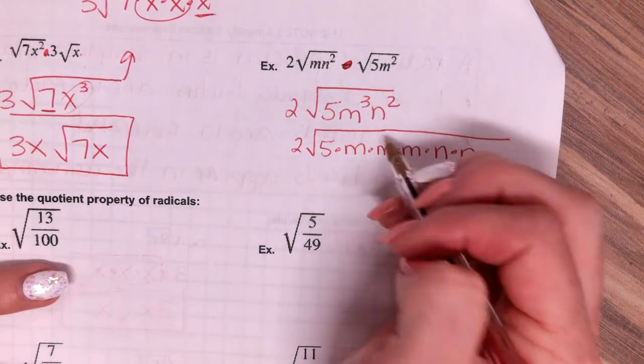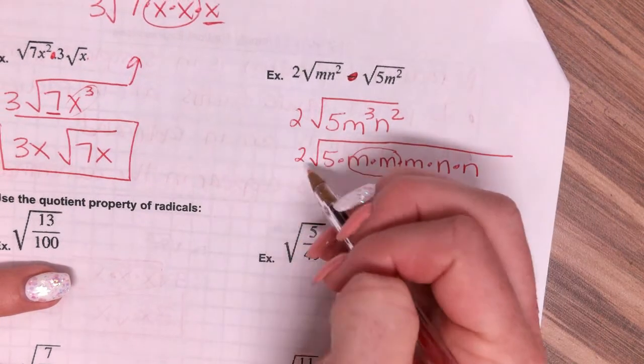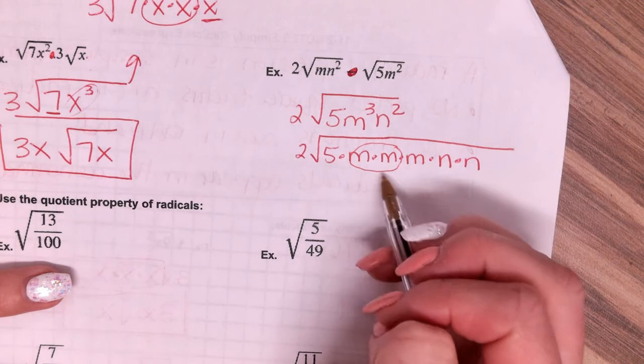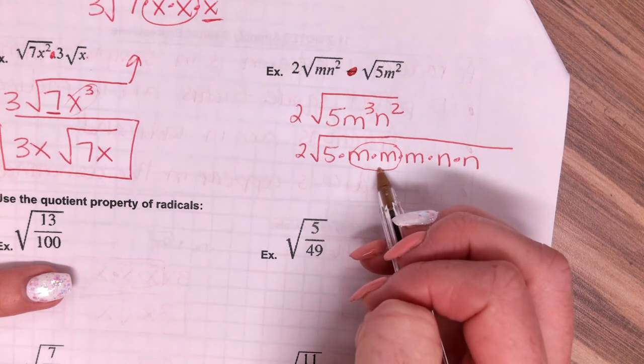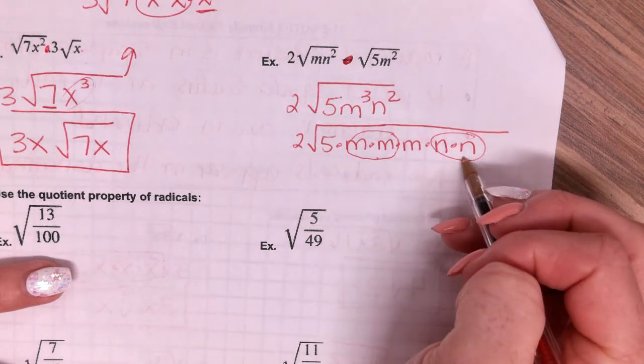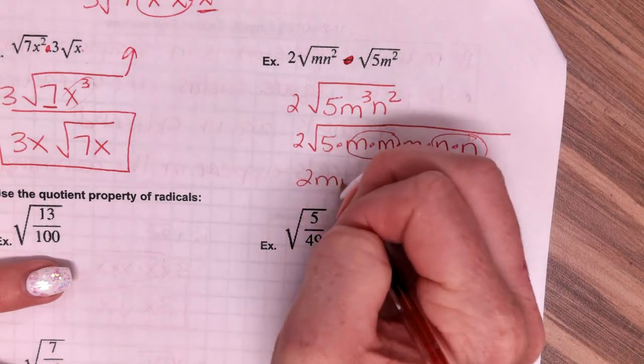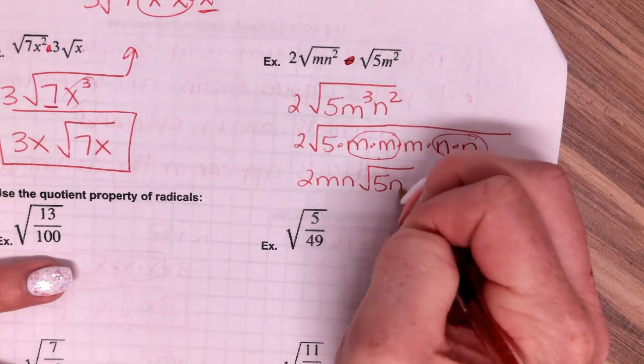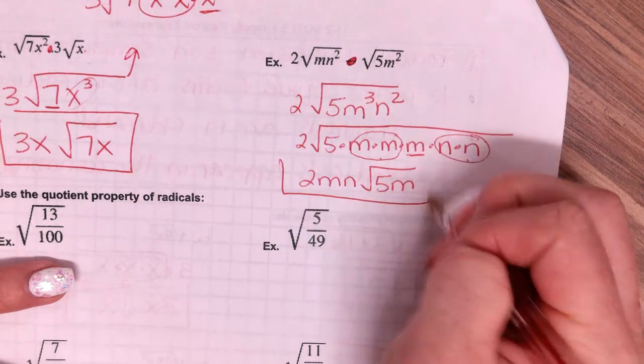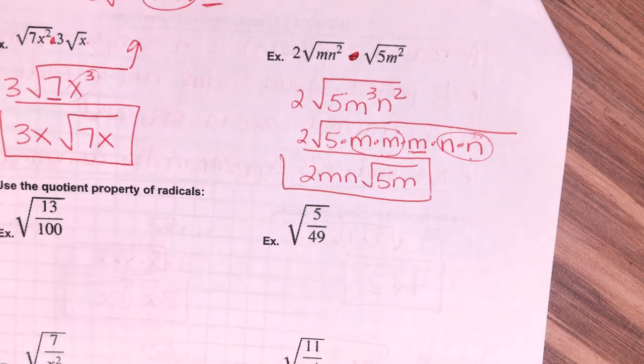Okay, remember 2 of these can get pulled out to make 1 out there. So what can I pull out here? 1m and 1n. So I have 2mn square root of 5 with this m left in here. Are we okay?